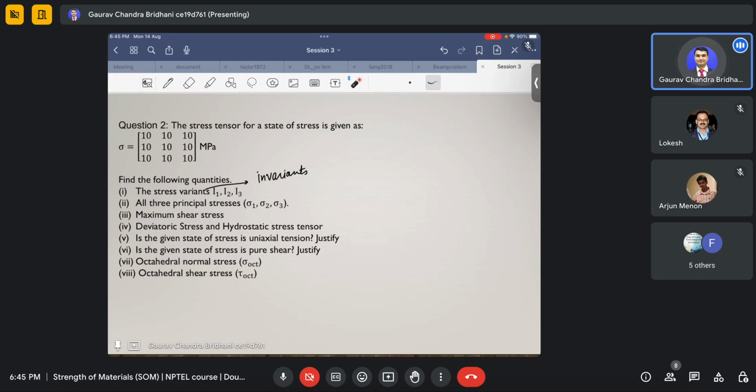So there is something called the octahedral plane, which you have seen in the lecture. So how to define the octahedral plane?